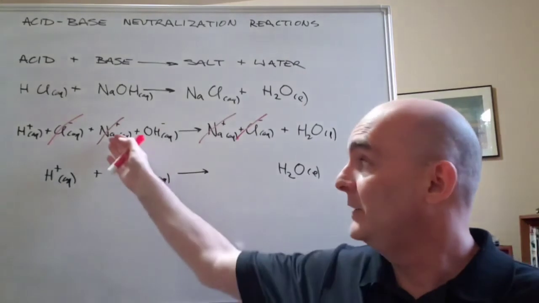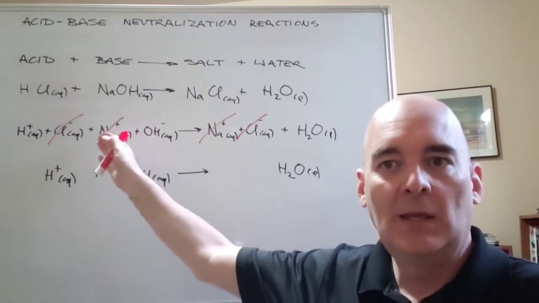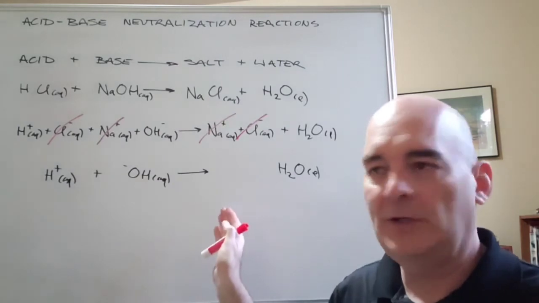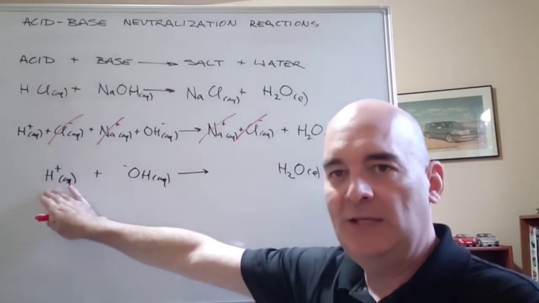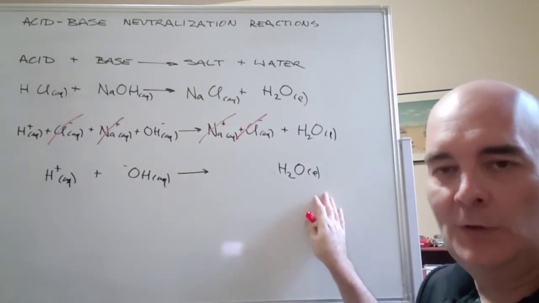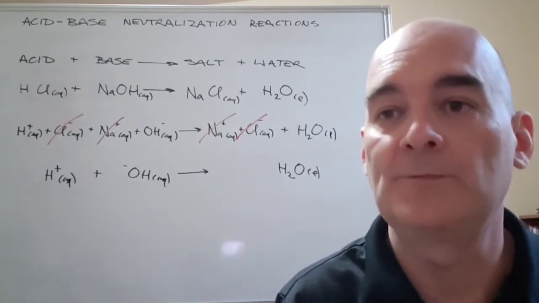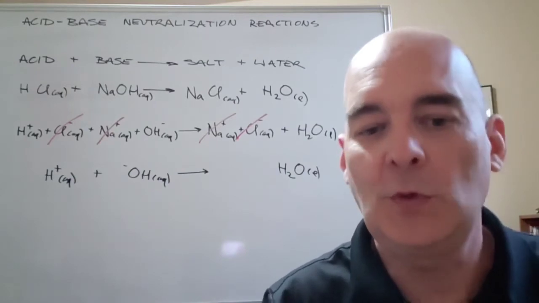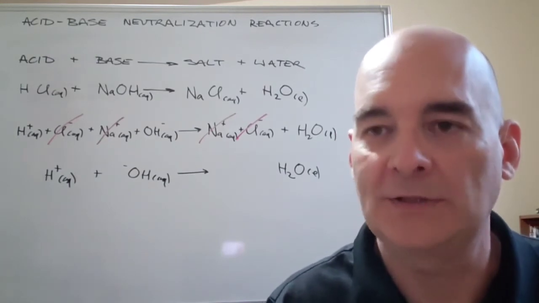And it doesn't matter whether I used sodium hydroxide or potassium hydroxide or magnesium hydroxide. The metal ion doesn't make it into the final reckoning of what's going on in this solution. The net ionic shows me the acid puts H+ into solution, the base takes it away. I've generated water. Water is an exceptionally strong, stable molecule. 70% of the planet's surface is covered in water. If you can see a reaction that generates water, that reaction is probably going to happen.